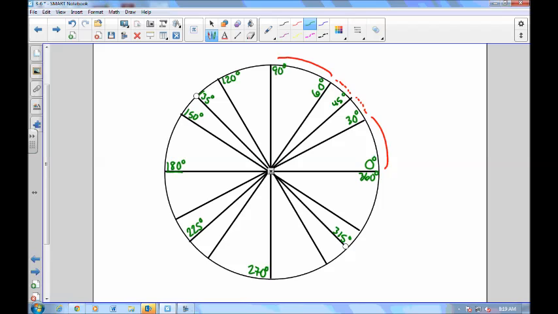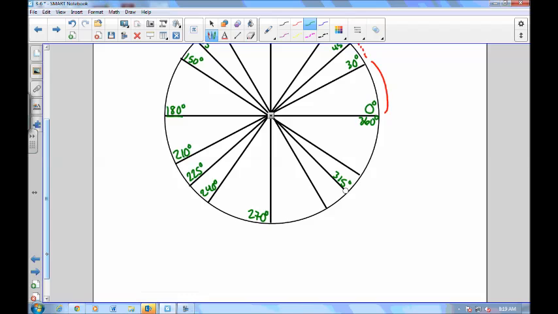Everything's matching up. 180 plus 30 would be 210. Plus another 30 would be 240. Plus 30 makes us at 270, which we have already marked. And then it's 300 degrees and then 330.